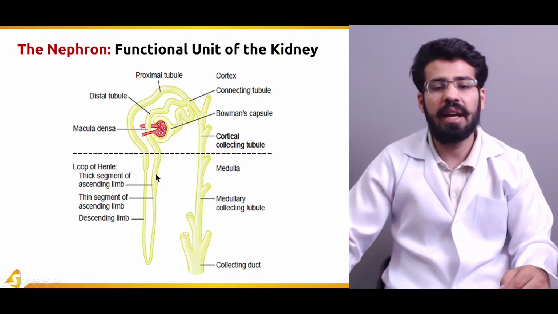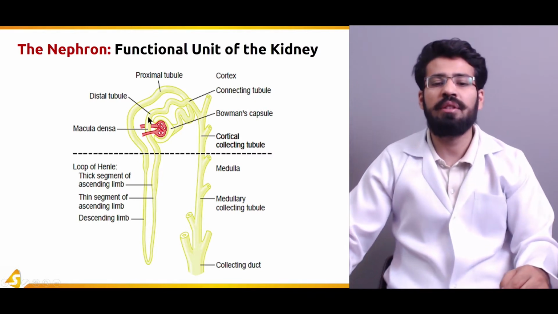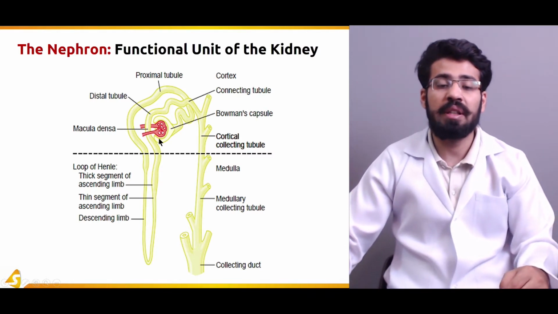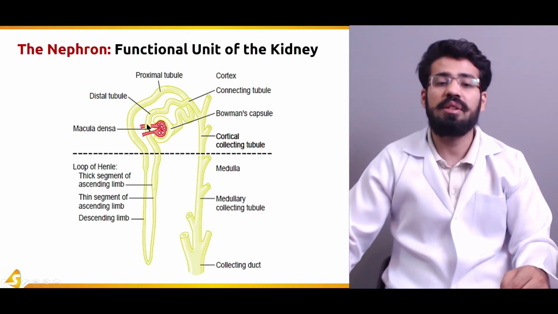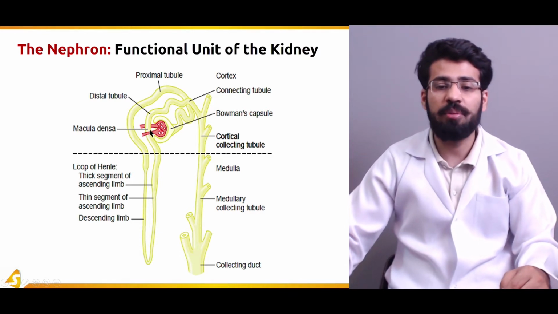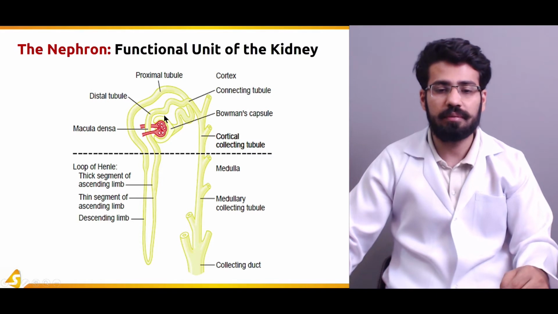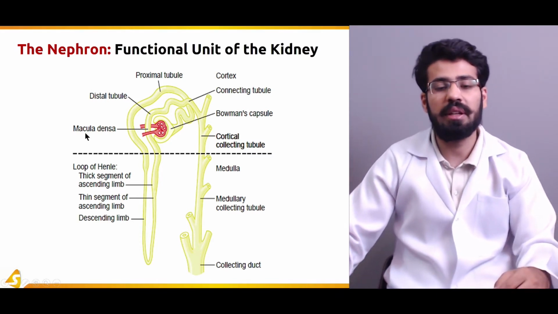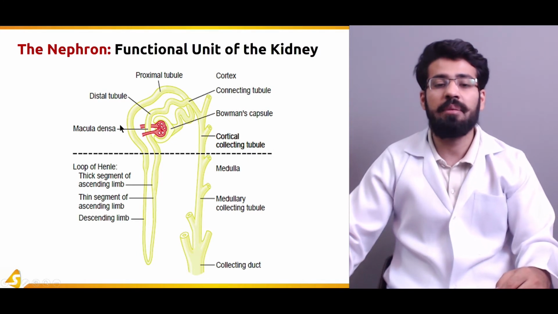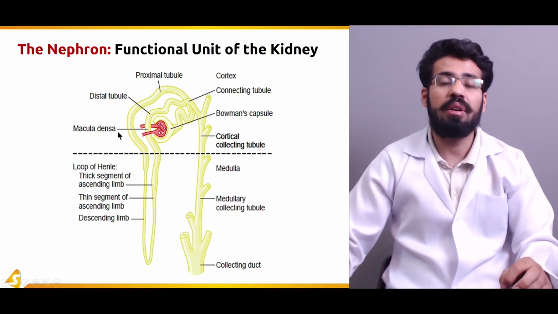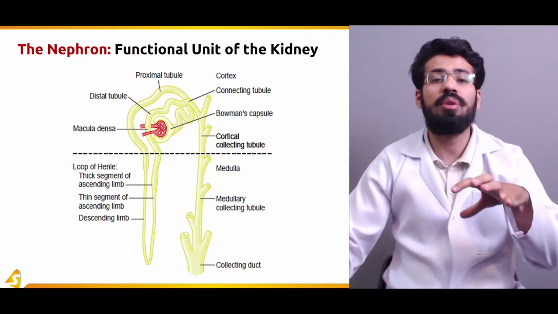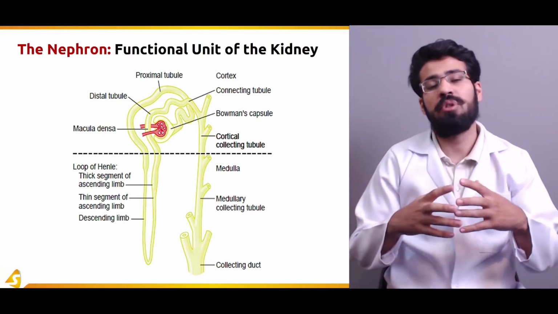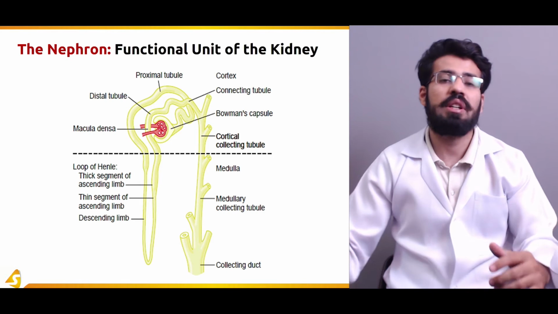The ascending loop of Henle then moves forward to form a very important region known as the macula densa, which is in the proximity of the Bowman's capsule. I'll tell you in detail in the coming lectures about the role of the macula densa, but its important function is to control the process of glomerular filtration and autoregulation.